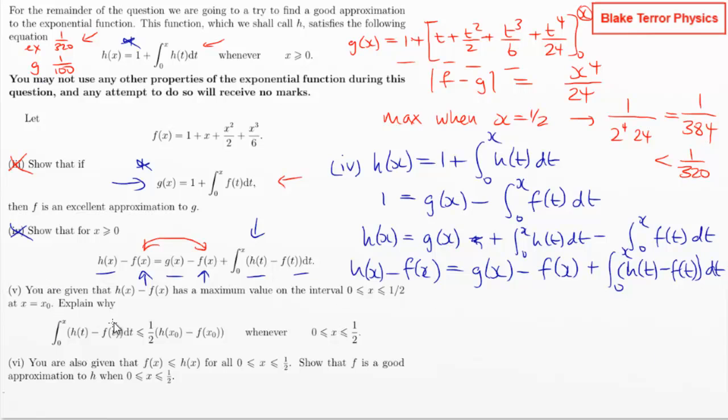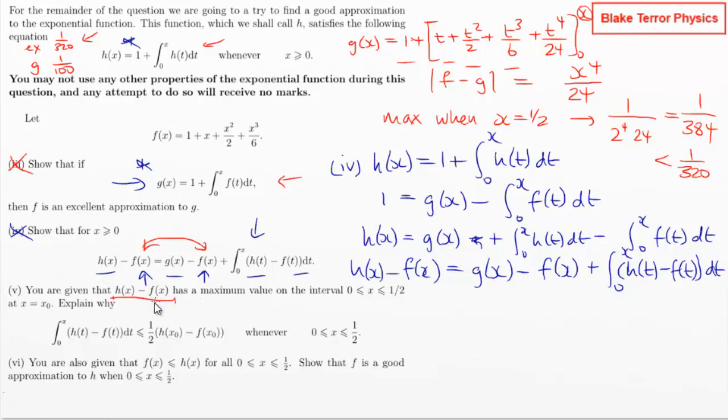Now let's see. You are given that h of x minus f of x, the left hand side, has a maximum value on the interval 0 to a half at x equals x0. Explain why the integral on the right hand side is less than that. So we've got this thing here, and we're saying that it has some maximum value.